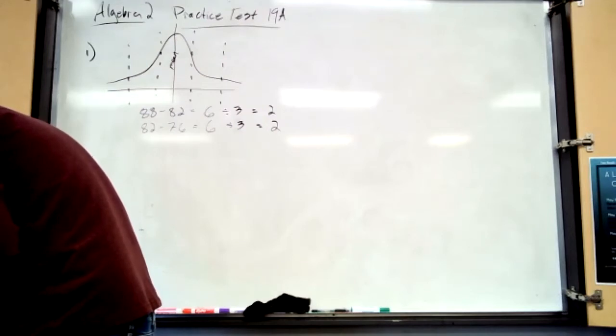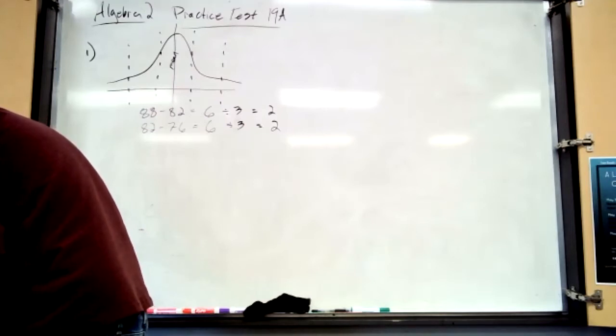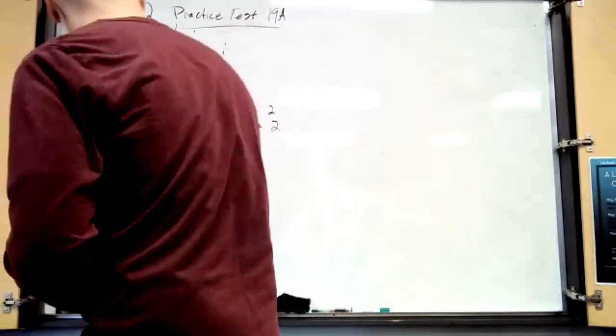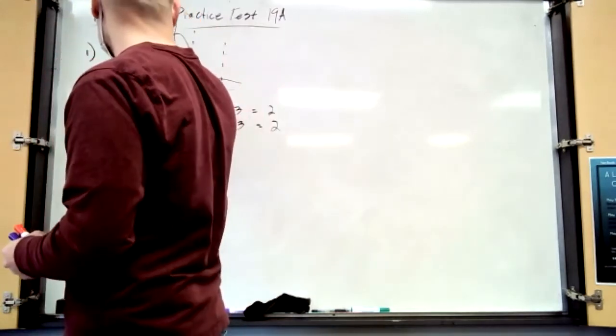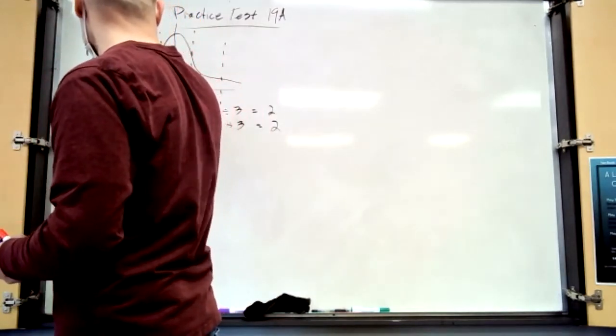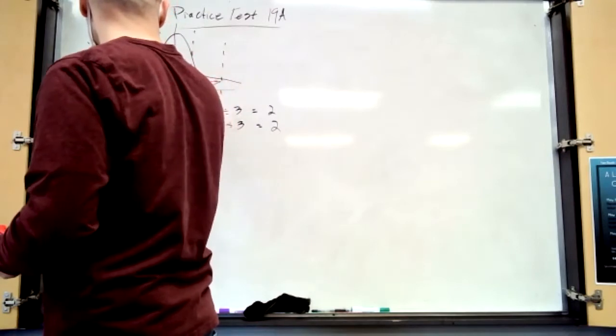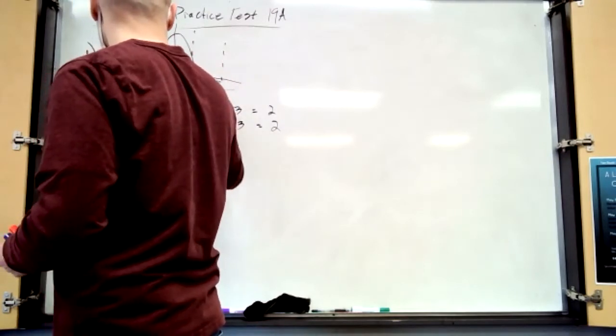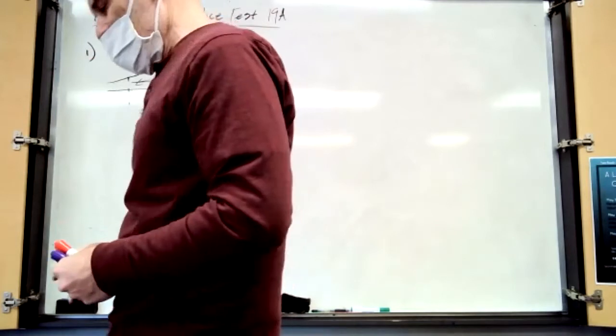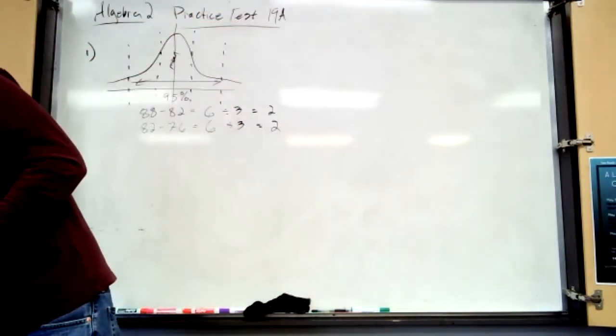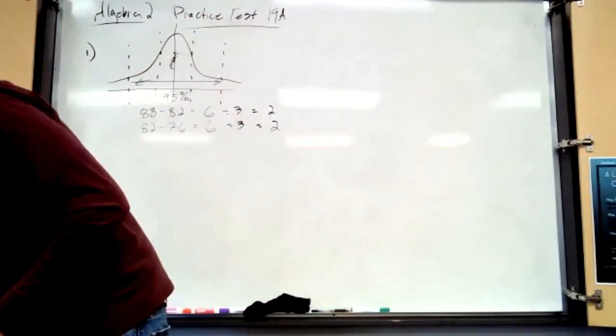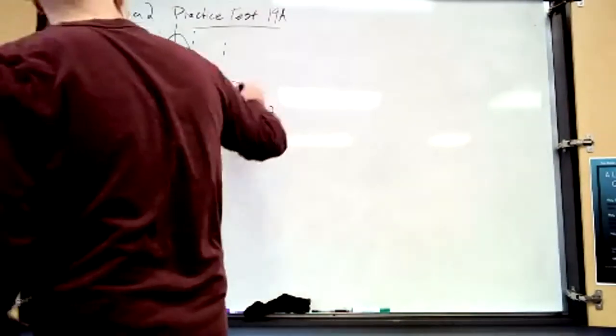Trying to think of a better way to do this, but it's not really. So it goes down to here and it falls into this category right here, which is 95%. Okay, so you have to remember that little chart, and you can find that on page 566.